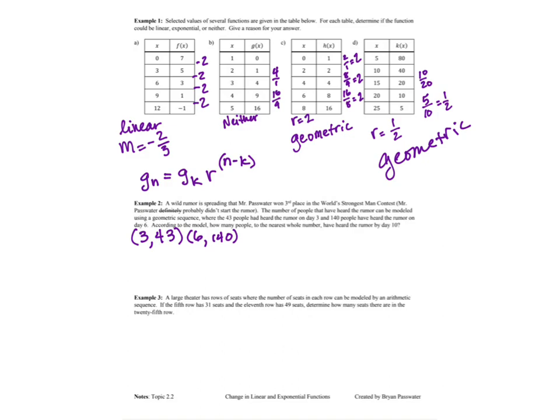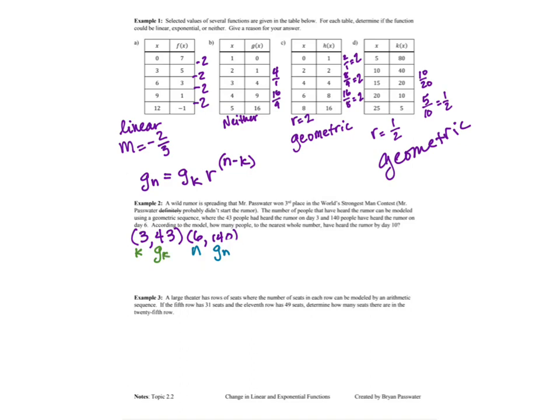So 6 needs to be my n, so n and g of n, or g sub n. That's really how they write it in exponential world. And then for my k, 3 is k, 43 is g sub k. Y'all with me on that?